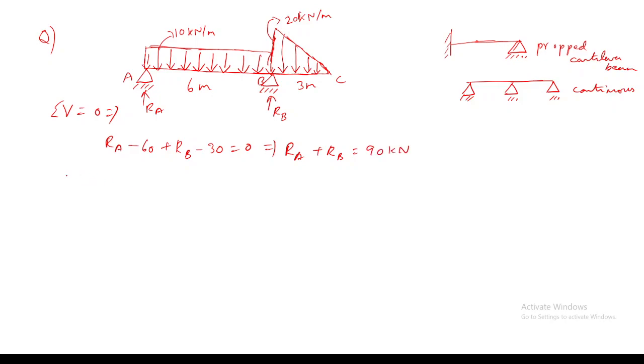And the next equation is summation of moment equals 0. So about which point can I take the moment to find either RA or RB? I am taking moment about B. What will be the moment at point B?